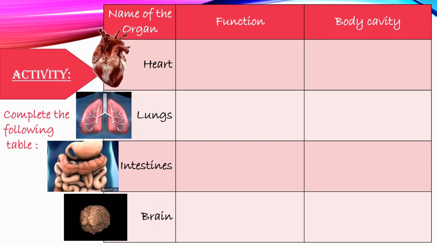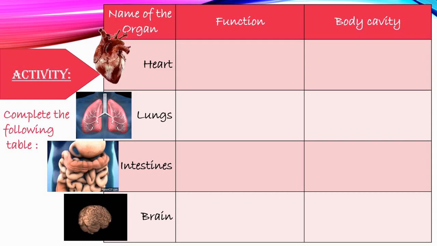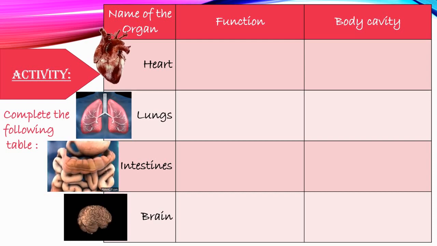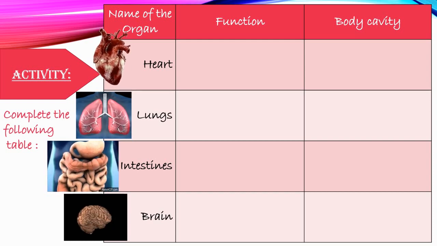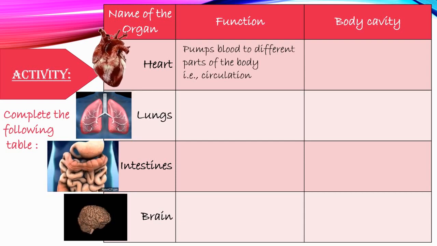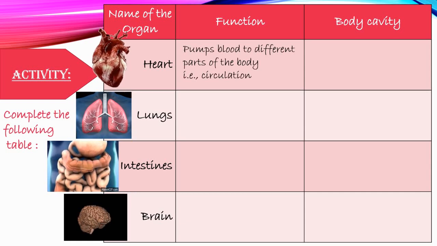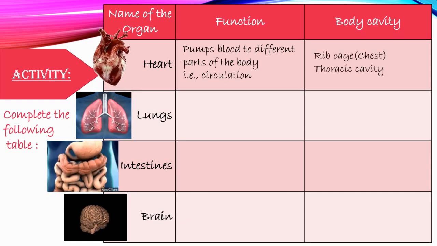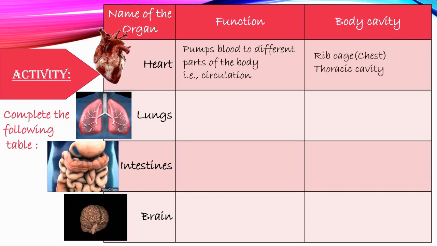So the first organ is the heart. The function of the heart is to pump blood to different parts of the body, that is circulation. And the body cavity is the rib cage, chest, thoracic cavity. Then the next organ is the lungs.